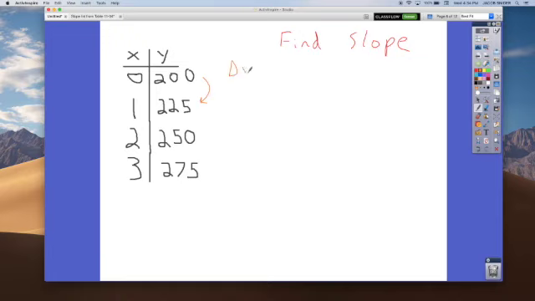Because I want the change in y over the change in x. 20 to 25, 200 to 225 tells me that I'm going to go up 25. 0 to 1 tells me that I'm going to go up 1. Simplify, so my slope is 25. So I know my equation is going to be 25x. Y equals 25x.